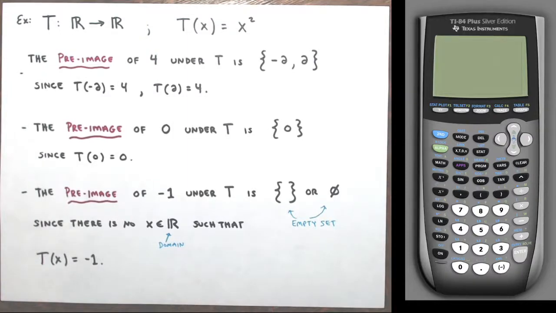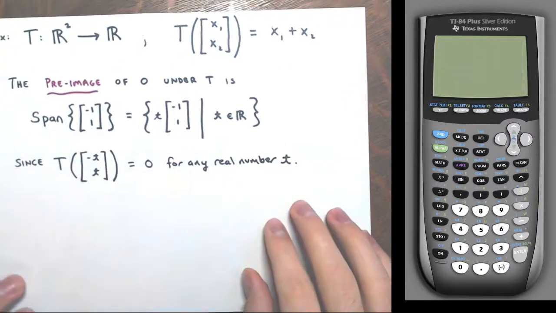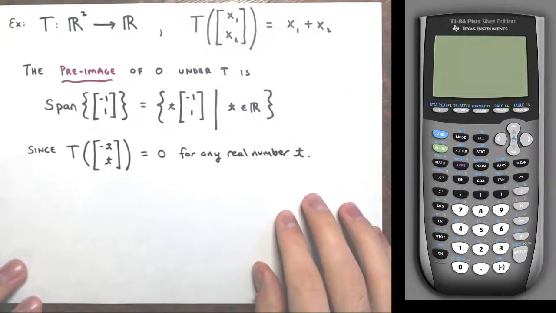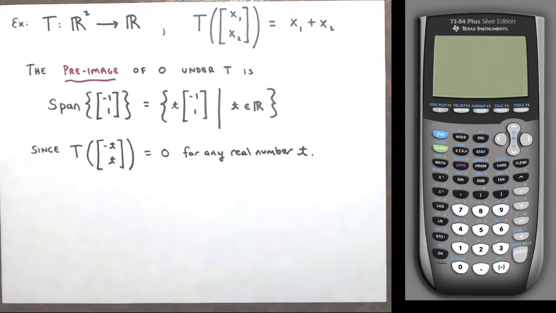Now I do have one more example where I'm not going to really be able to picture it as well. I could picture this in 3 dimensions, but I didn't bother pulling that up.